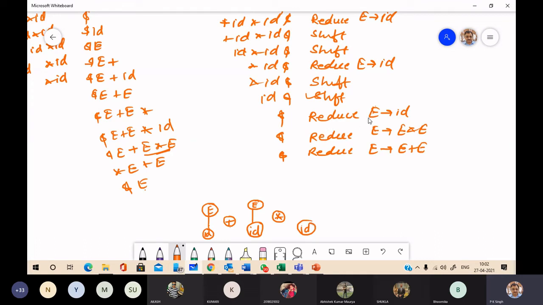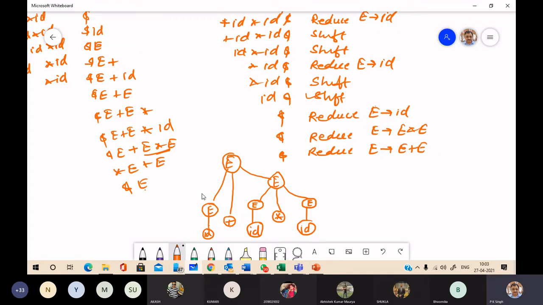Then the ID is replaced by E, so internal node E. Then E asterisk E is replaced by E, so here E, E asterisk E. Then again E plus E to E. So here E, E plus E. This is the syntactic structure produced.